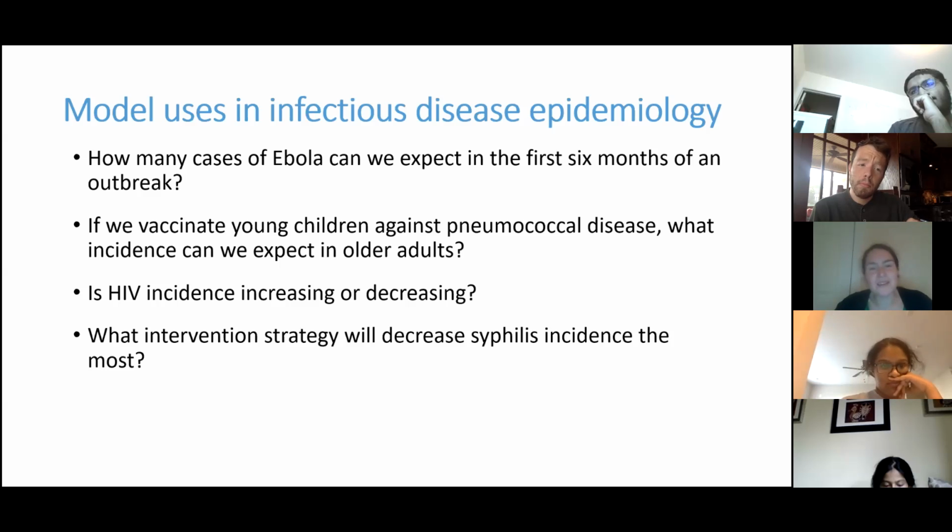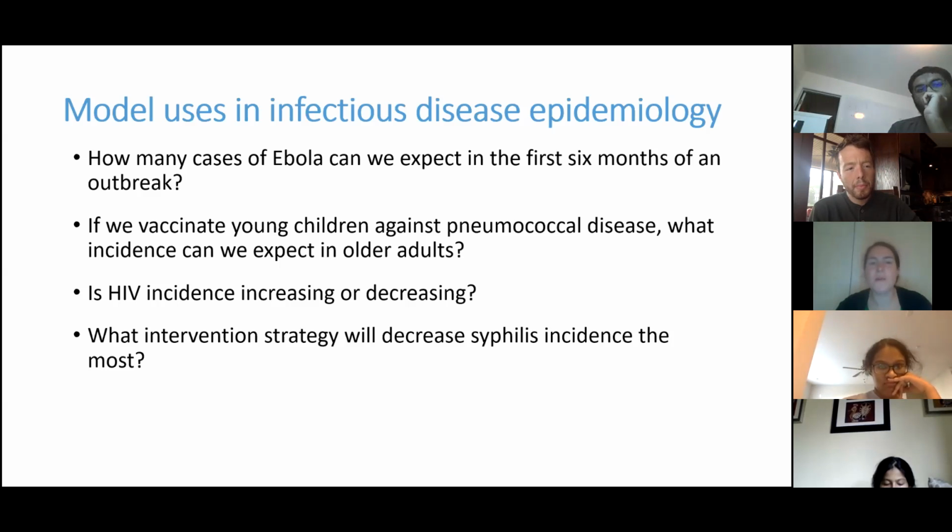We use models, and this is really where my work has focused, in HIV over the last couple of decades. We use models to ask whether HIV incidence, whether HIV transmission, is increasing or decreasing. We can see new diagnoses of HIV, but often those diagnoses come years into someone's infection. So it's difficult to tease apart what we're seeing in terms of diagnoses versus what's happening in terms of transmission in real time.